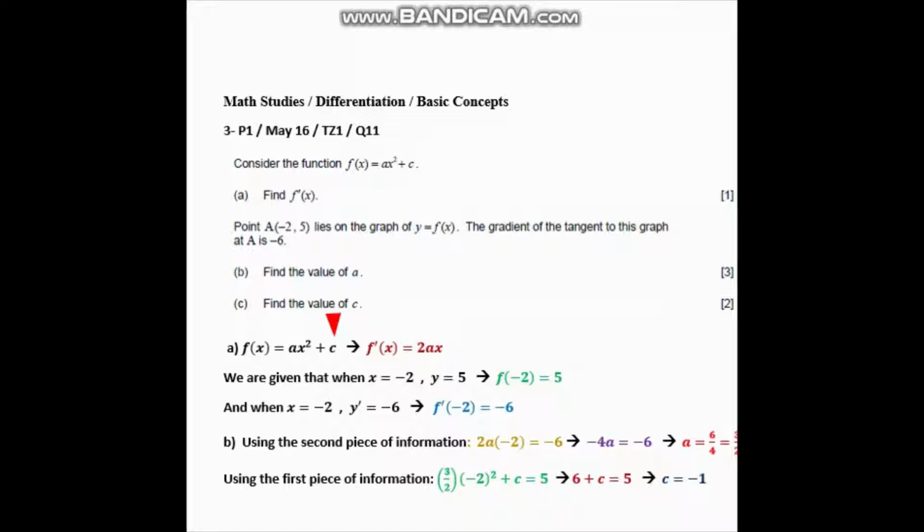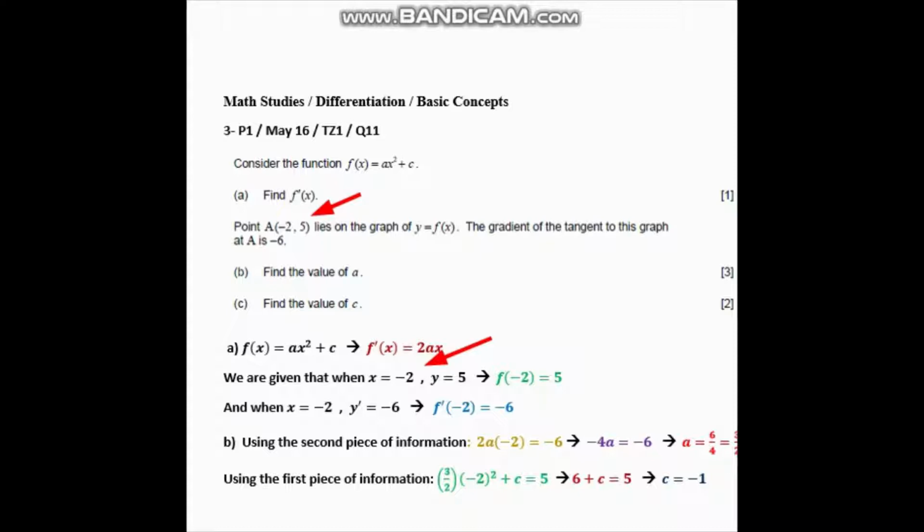Now, for question B and C, I'm given some important data that I shall use. I'm given that I have point A with coordinates negative 2 and 5. This means that when x equals negative 2, y equals 5. So how does this help me?